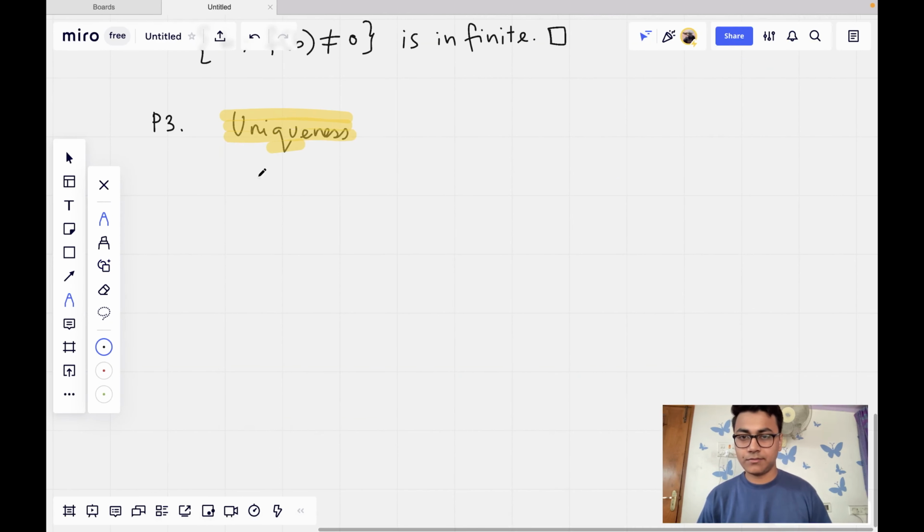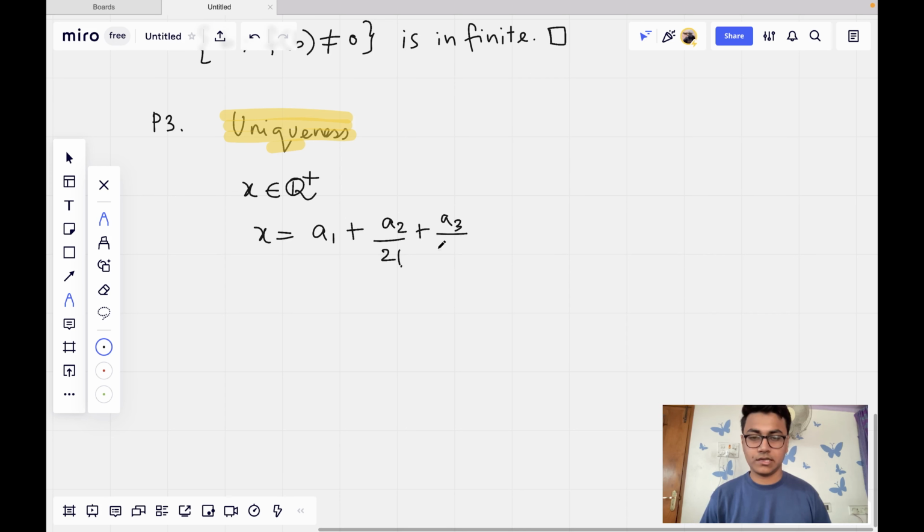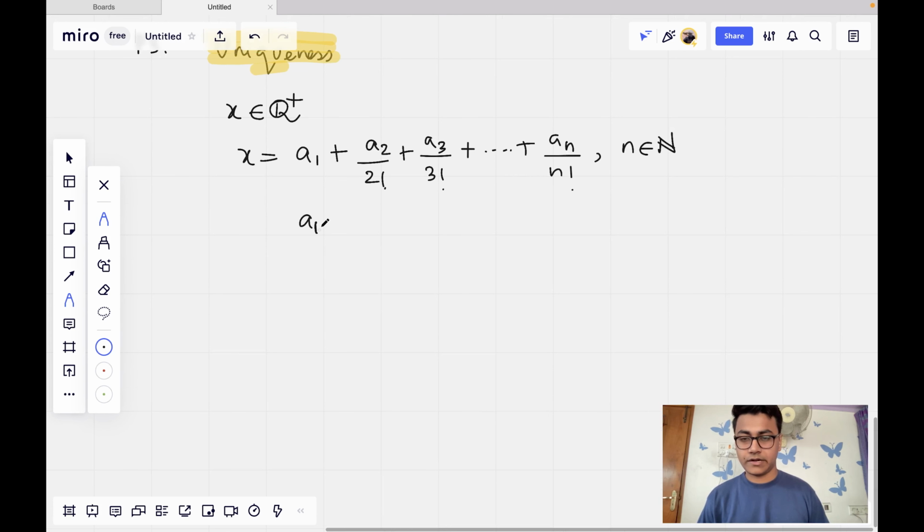So consider a positive rational number, and say we have this expression a1 plus a2 by 2 factorial plus a3 by 3 factorial all the way till an by n factorial for some natural number n, where the ak's are all integers and the ak's satisfy this constraint for all k greater than 1.